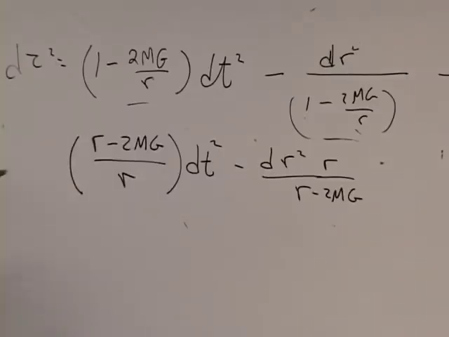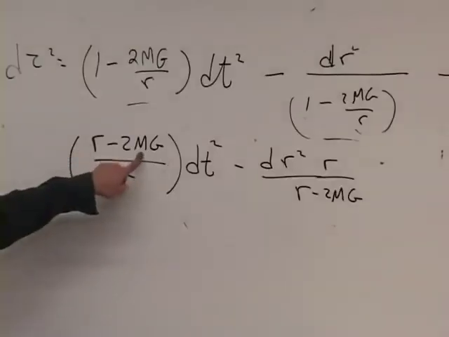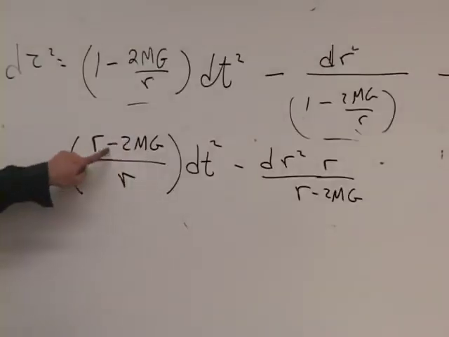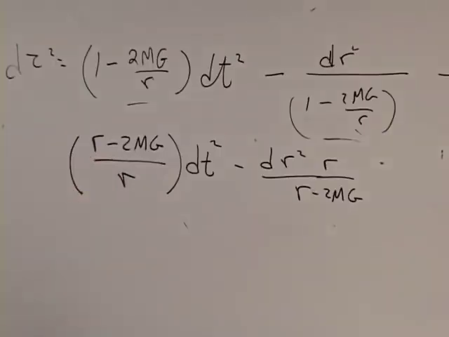Well, I can't set r equal to 2mg over here. That's too extreme. I do want to keep track of the fact that we're not right at the horizon. But on the other hand, the r over here, there I can set it equal to 2mg near the horizon. As I move a little closer, a little further, r doesn't change very much.